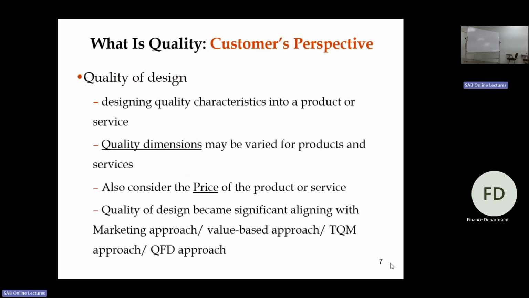Designing quality characteristics in your product or service. Of course, quality dimensions may vary from product to product, service to service.